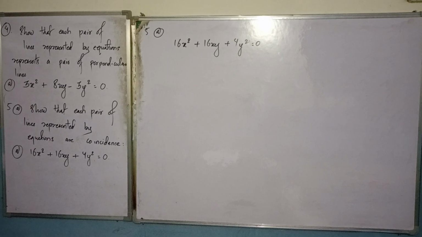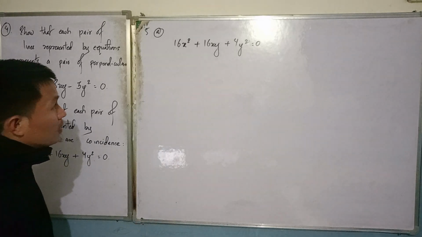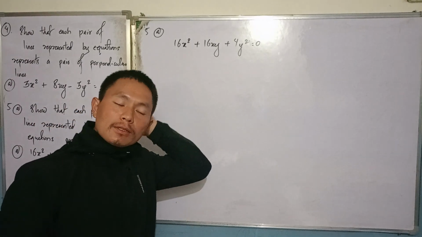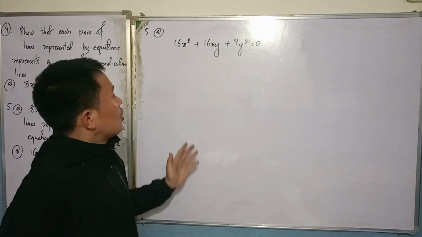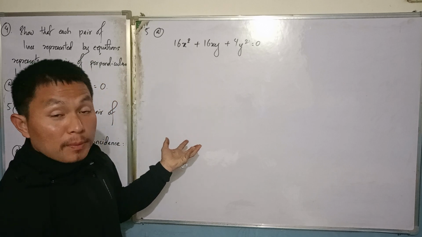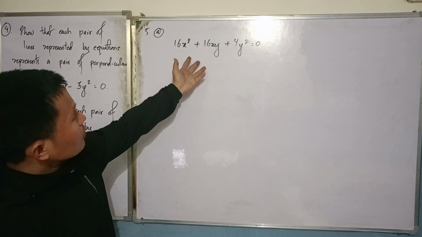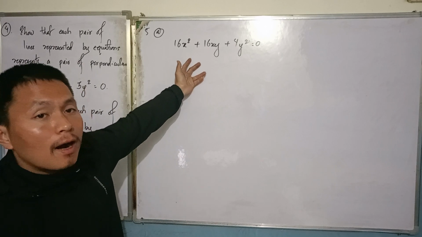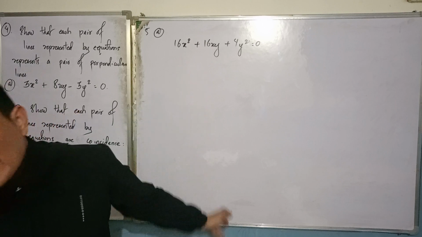In the previous number 4, we had to show the lines are perpendicular to each other. But right now you have to show the lines are not perpendicular, they are coincident.